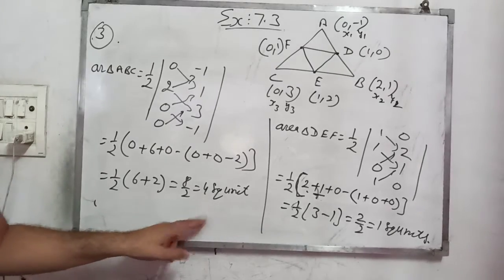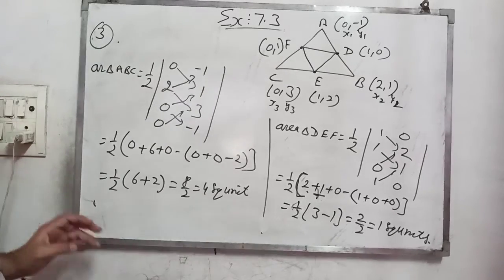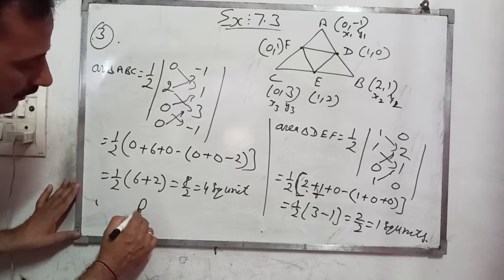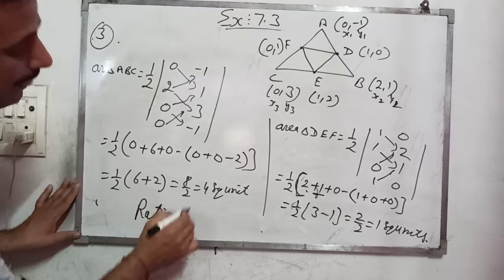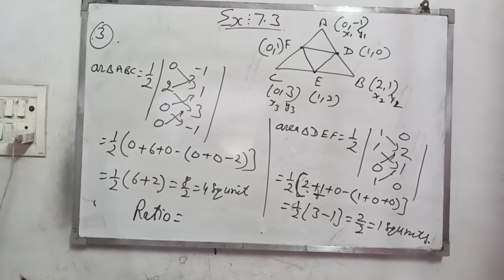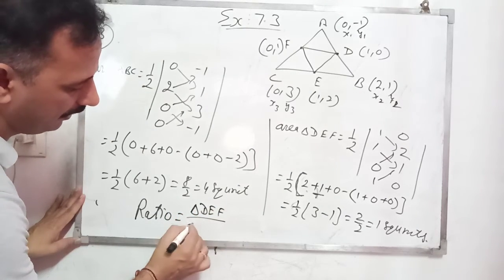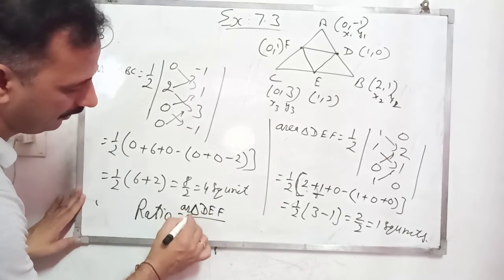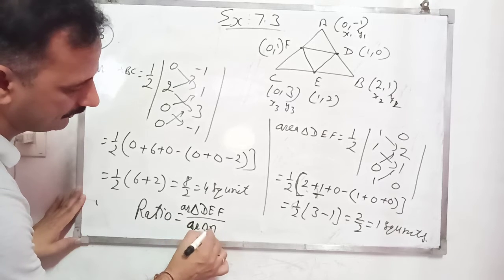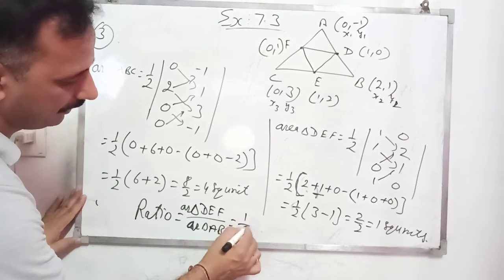So the ratio, we have to find the ratio. We want to find the ratio of the area of the triangle formed to the area of the given triangle. So the ratio of the area of triangle DEF to the area of triangle ABC is 1 upon 4.